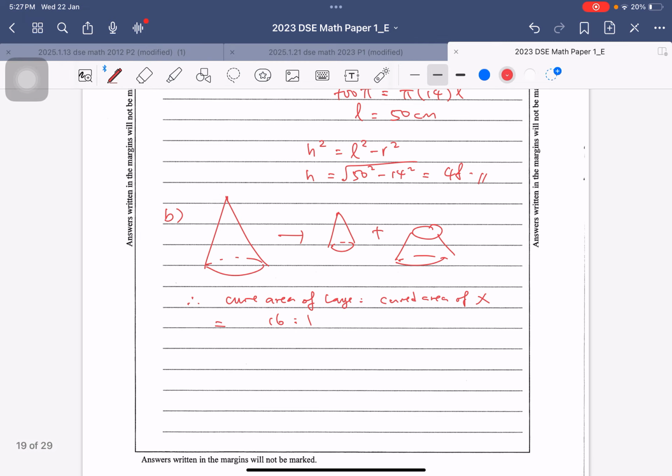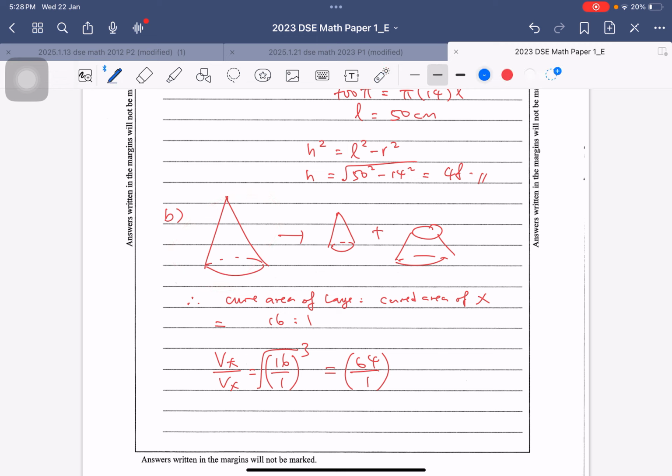Which means that the volume ratio is equal to 16 over 1, and then we take the square root, and then to the power of 3, giving you 64 divided by 1. So that's the ratio of the volume between the original cone and the cone X.